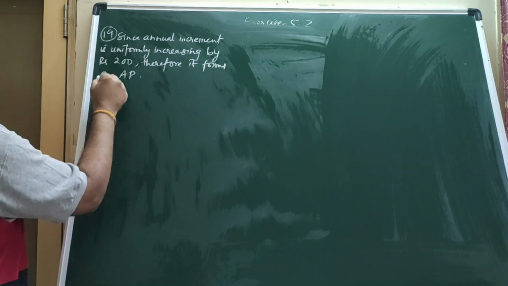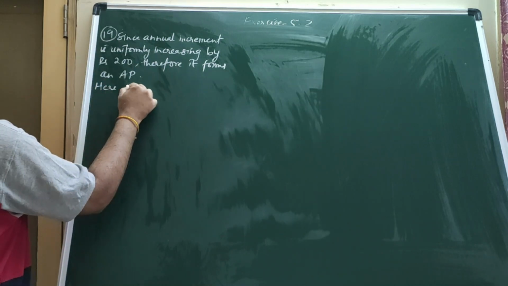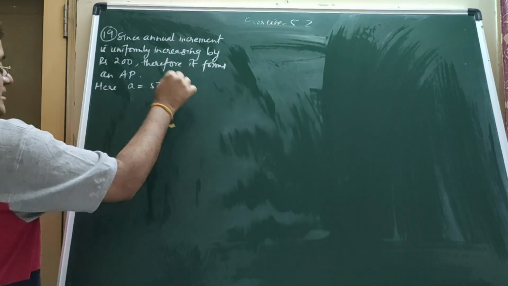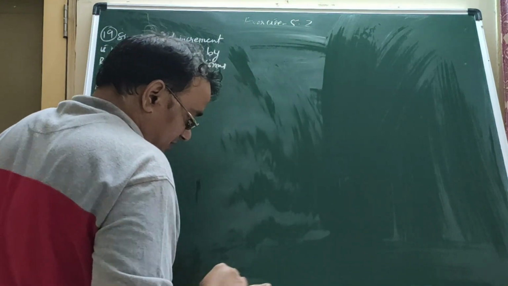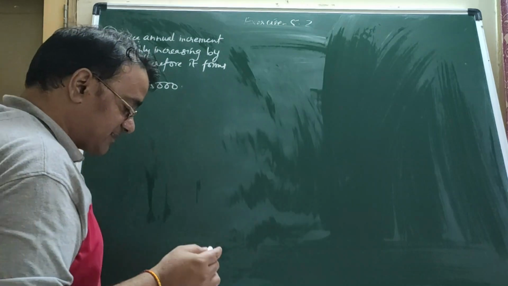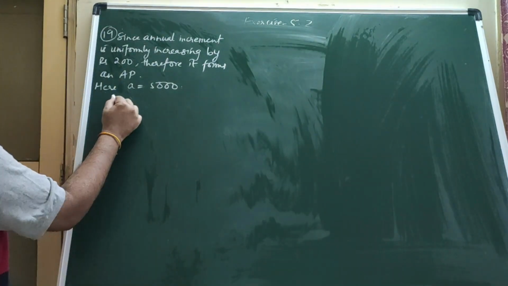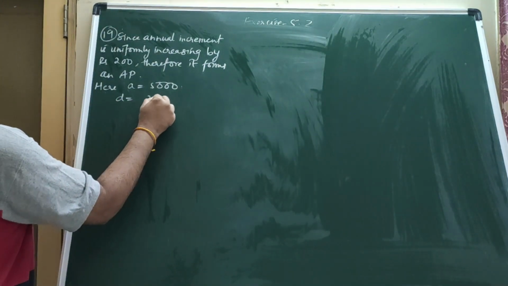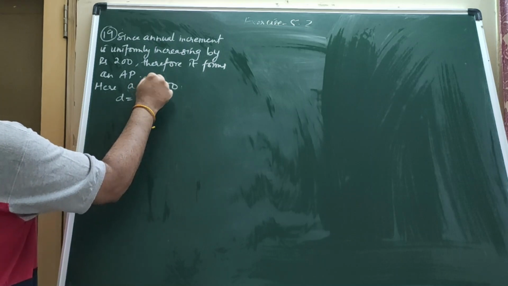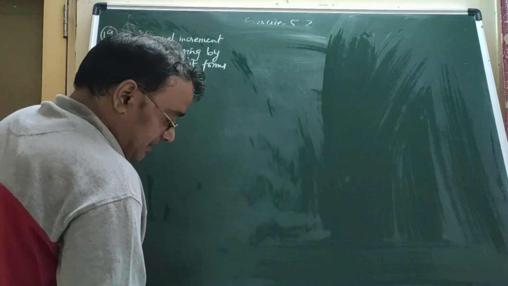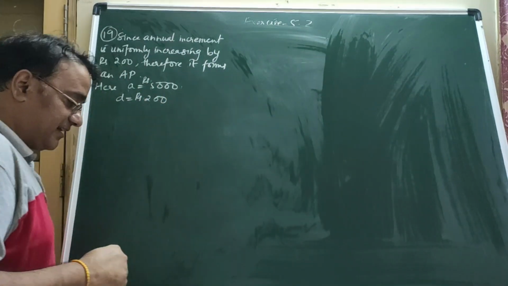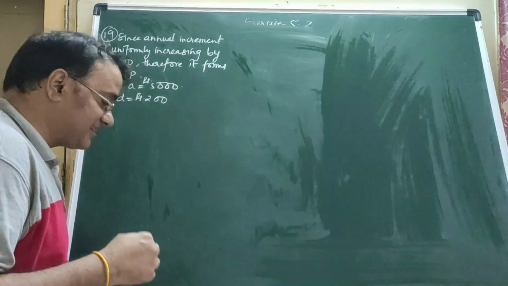So here the first term will be 5,000. First term, started working 1995, annual salary of rupees 5,000, right? And the common difference will be 200. So ये दोनों rupees में है, okay? And we need to find in which year did his income reach 7,000.